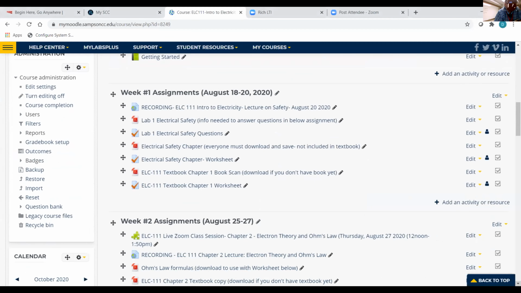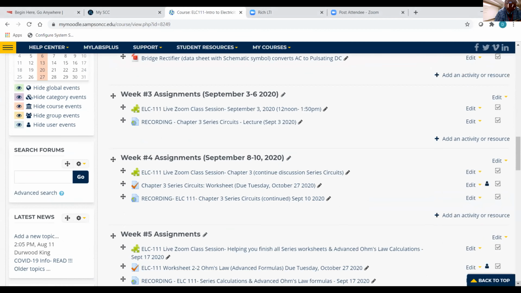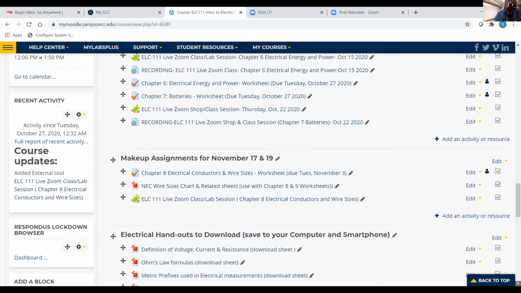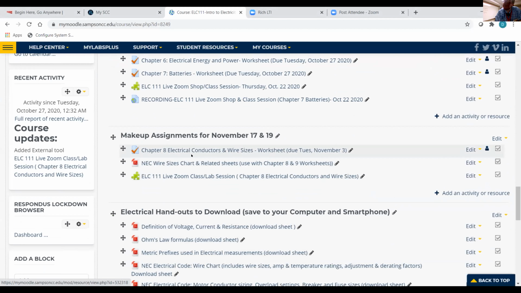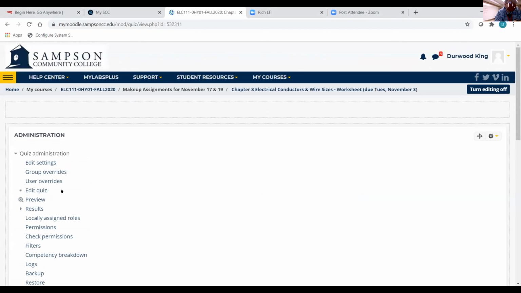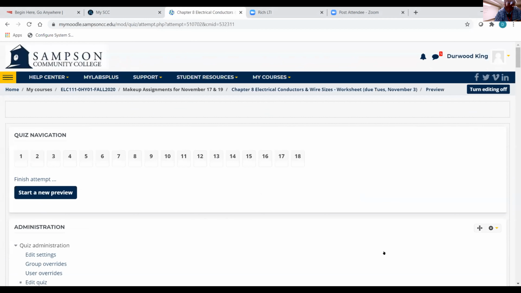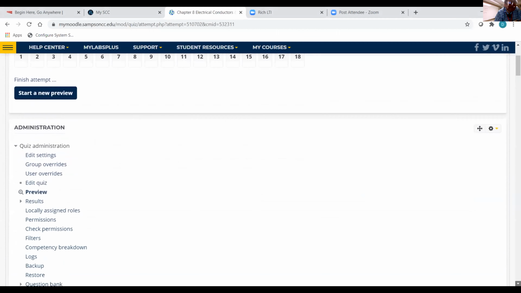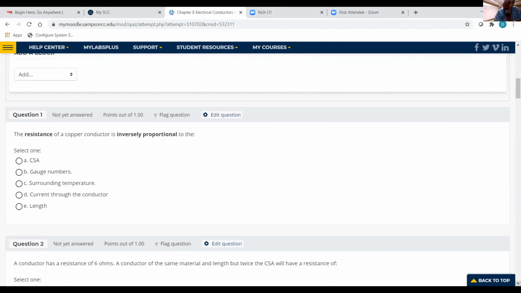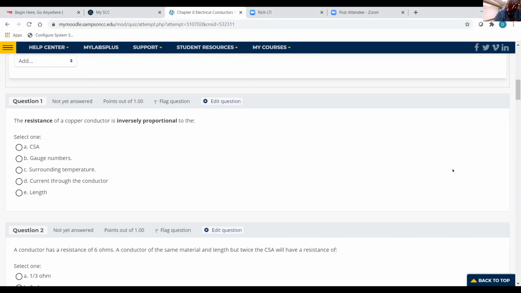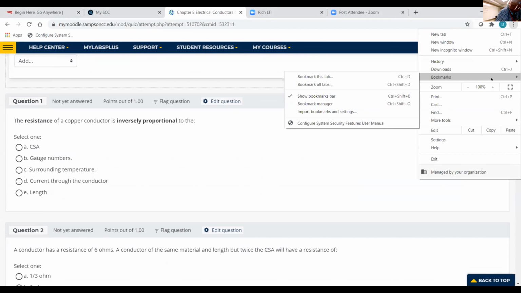So when we go down to the worksheet, it's right here for chapter 8. So let's just go in there and look. Let me see if I can enlarge that.